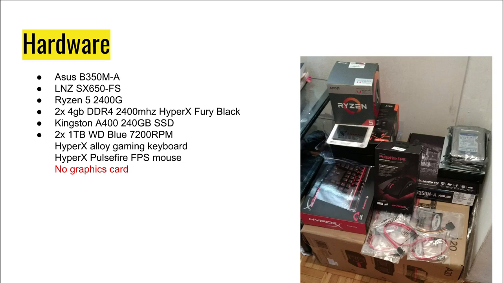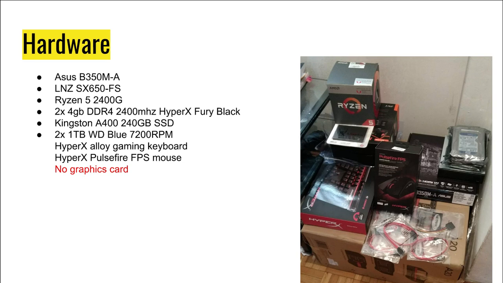I saw some reviews, some benchmarks, and some videos about this exact setup, and I saw GTA 5 running at 30 FPS or so, 35 in some cases, and I think with that I'll be okay. So later of course I will upgrade the RAM. First comes the RAM, then the graphics card.